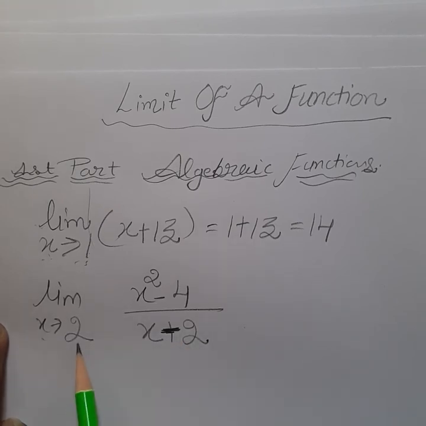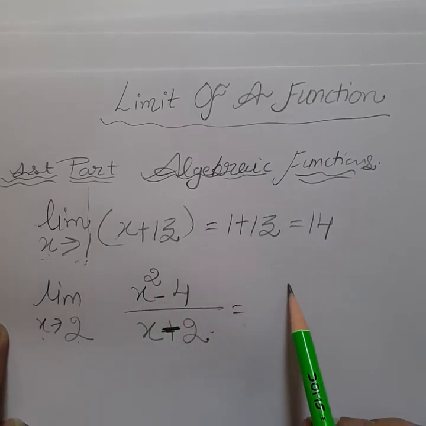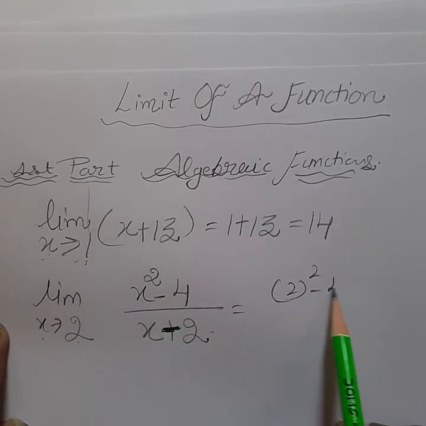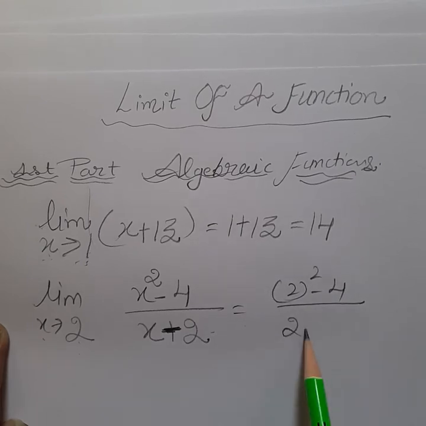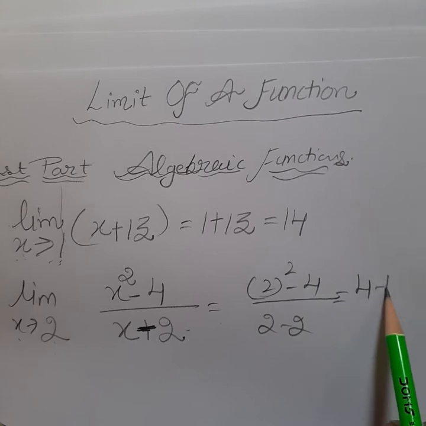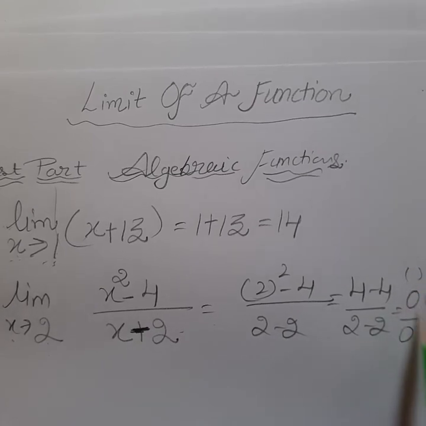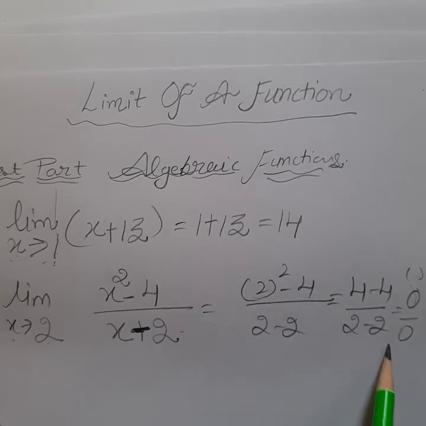If we put this value in this function directly, then we get 2 square minus 4 and 2 minus 2. In this way, we get 4 minus 4 and 2 minus 2. We get 0 by 0. Okay, so students, this is an indeterminate form, meaning we cannot define its value properly.